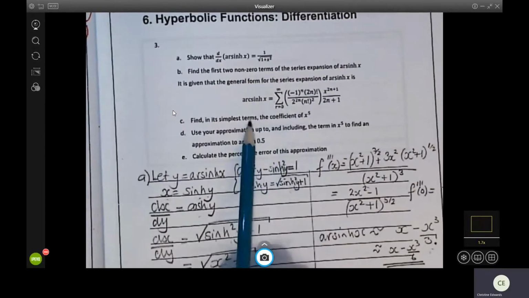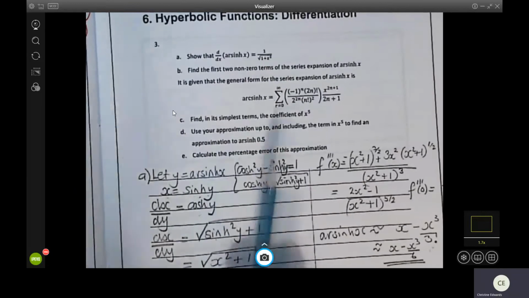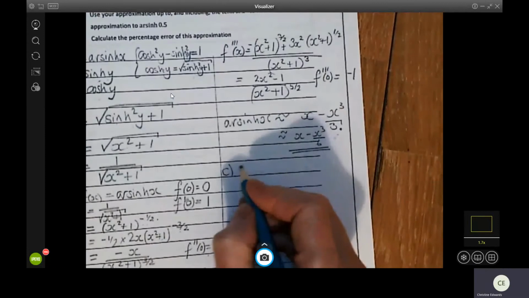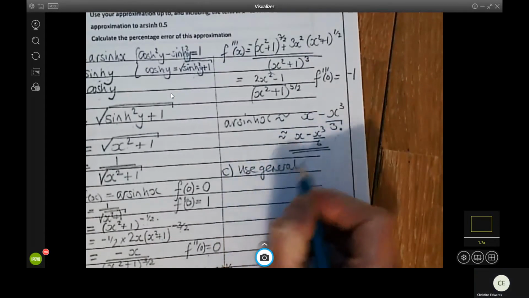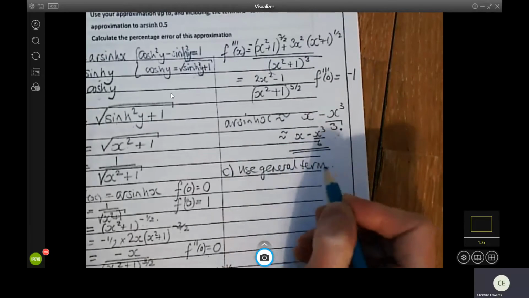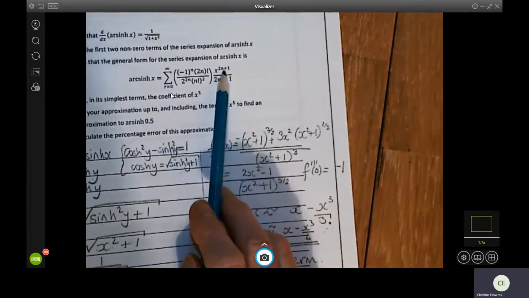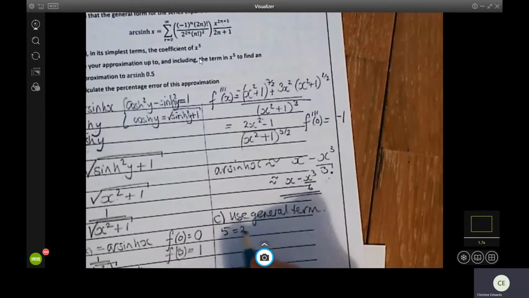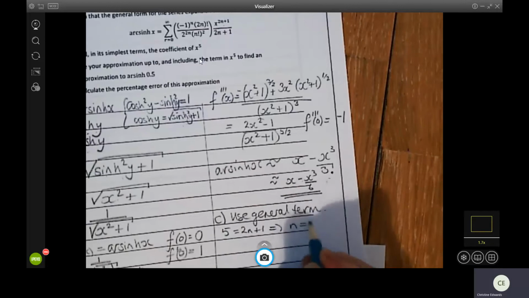So we're now going to use that to help us with part C, and then part D, and then we'll finish off with part E. So for part C, we use the general term. We're being asked to come up with x to the power of 5. So that means that 5 is going to equal 2n plus 1. So 5 equals 2n plus 1. And that means that n will be 2.